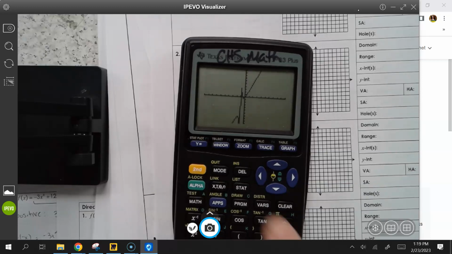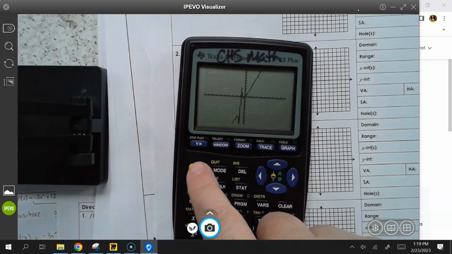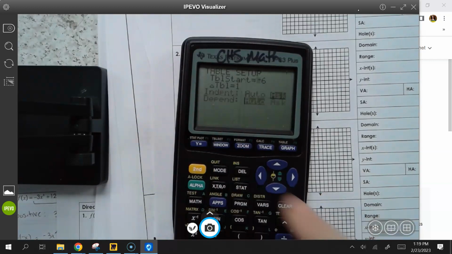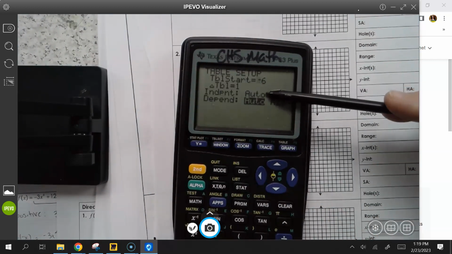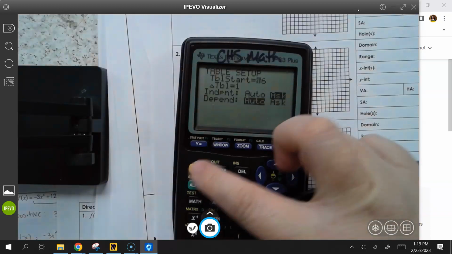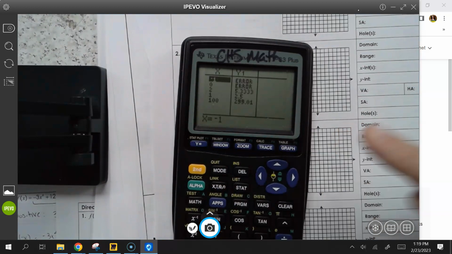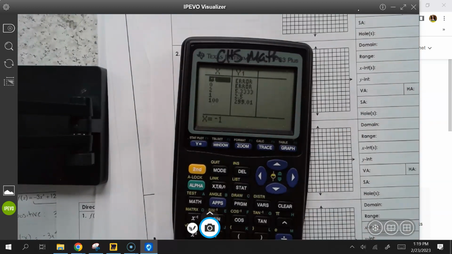All right, go to second window and make sure where it says independent that you are set to ask. If it's auto, then it's automatically generating a list of numbers for you. But if it's set to ask, then it'll let you type in whatever you want. So whenever you go second graph, now I can type in if I want.